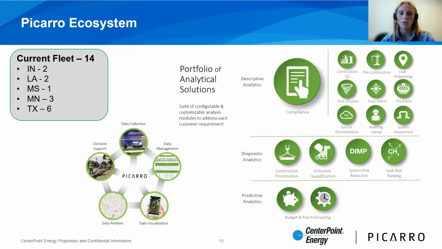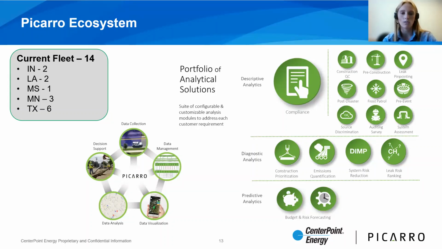We also are able to run the cars in higher risk accelerated leak survey areas as recommended by our DIMP group. This is helping us keep a better eye on areas that concern us year over year instead of the normal compliance leak survey schedule, depending on the state. Then the main advantage that we are going to be talking about today is this emissions quantification data.